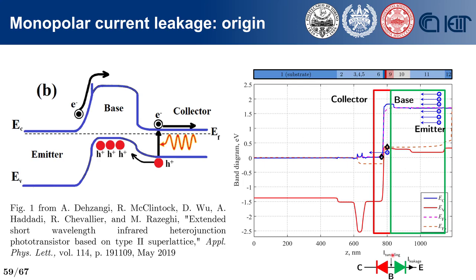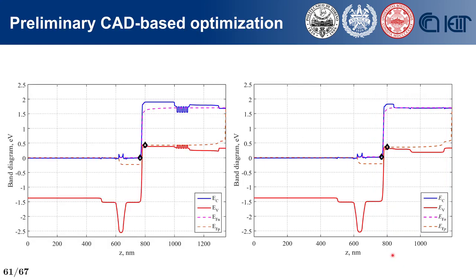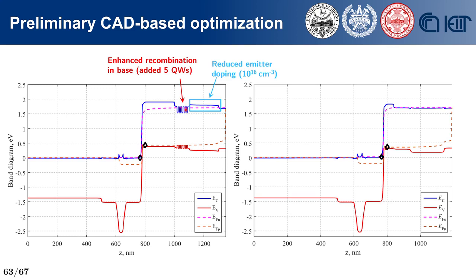So this is not just something fashionable, but it gives us interesting information about where we should intervene to optimize this structure. In fact, we know that in a transistor, if we have high recombination in the base, the amplification is lowered. So we introduced 5 quantum wells to intercept some of the base current. The other common practice is to increase doping to increase gain, but we want to kill gain, and so we reduce the emitter doping.